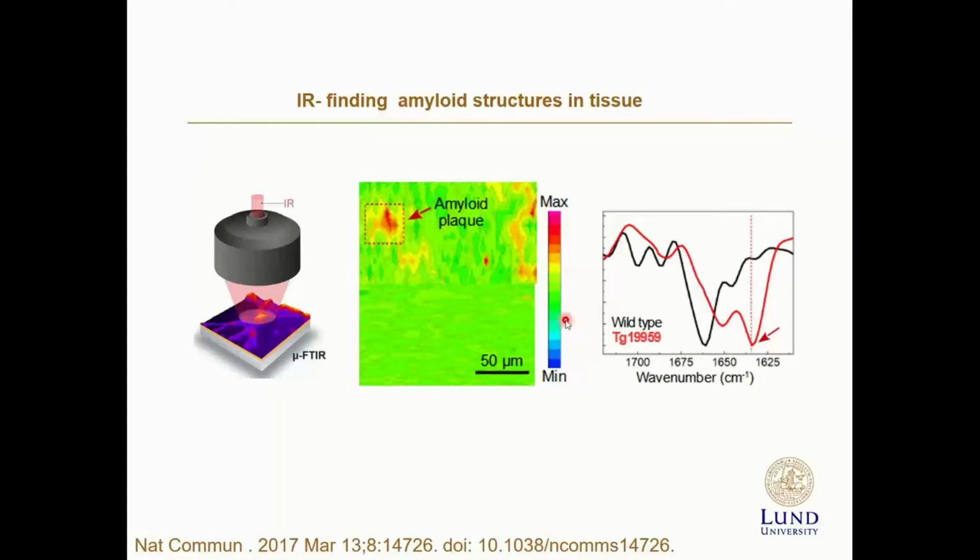Changes appear much before amyloid, and those changes can be detected, which means that infrared spectroscopy is an important tool to understand molecular mechanisms linked to Alzheimer's disease.